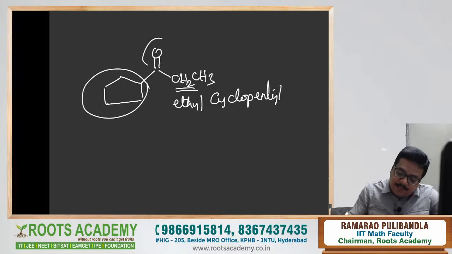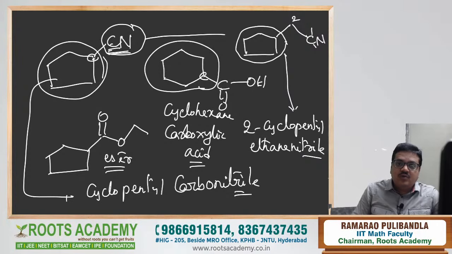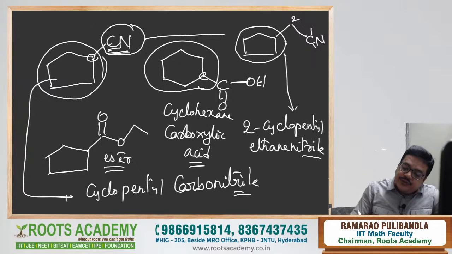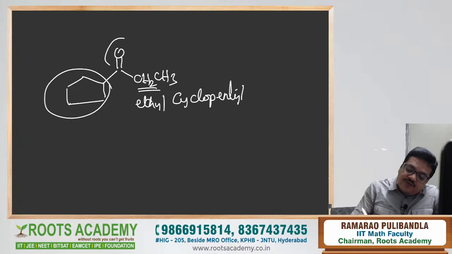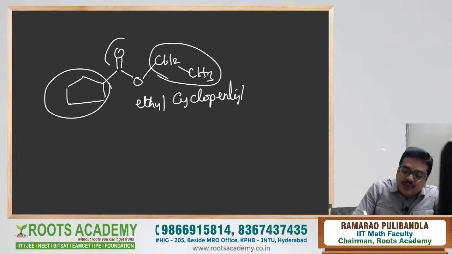I am sorry, I went wrong here. I have to write another oxygen here, like this. So, if another oxygen is here, what will you write now? Oxygen is there, CH2, CH3, ethyl cyclopentyl carboxylate.